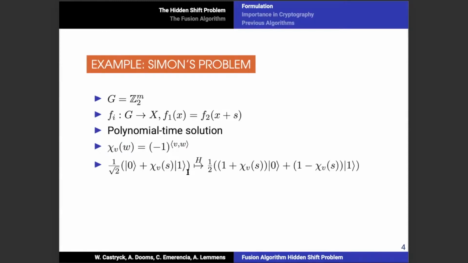So if we have this state, the superposition of 0 and 1, we can apply the Hadamard transform. So we obtain this state. We measure either the value 0 or the value 1.